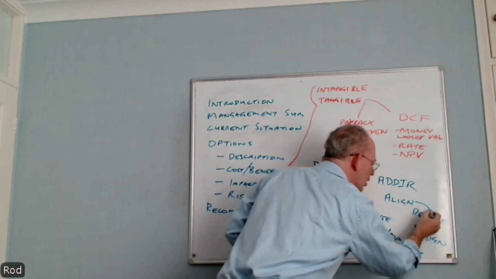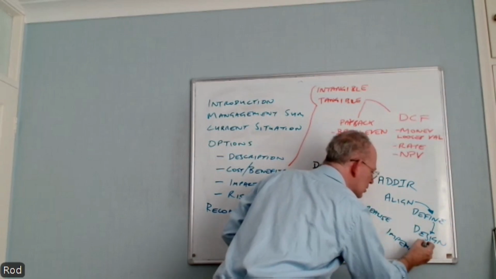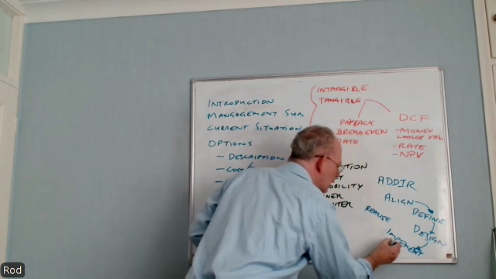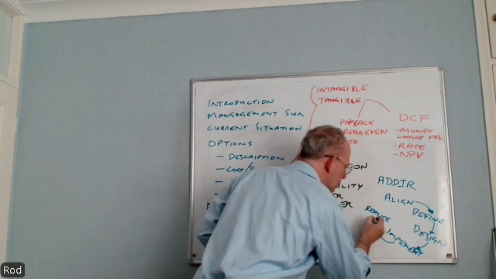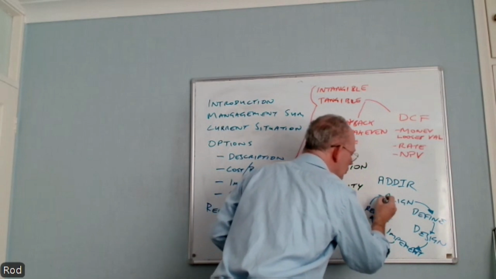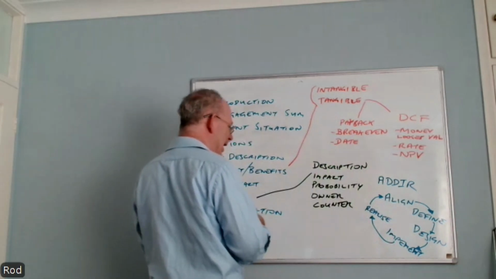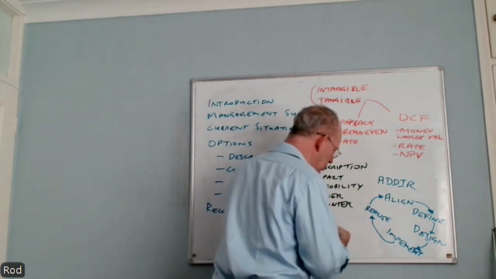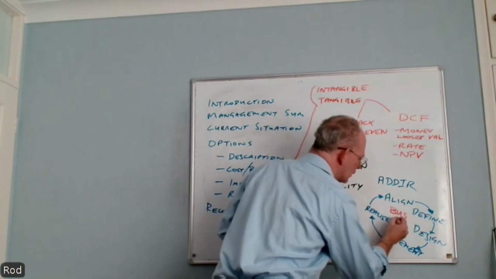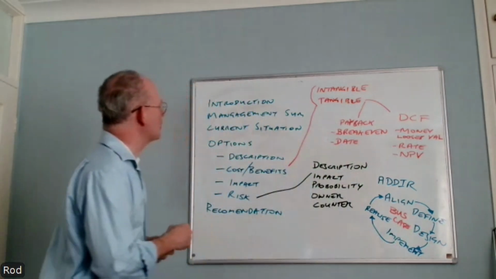This is our business change life cycle. Alignment leads to definition of the problem, definition leads to design of the solution, design leads to implementation, implementation to realize, which now gives you a new business situation, which you can then look at again. At the center of all of this is my business case. That's why that is important there.